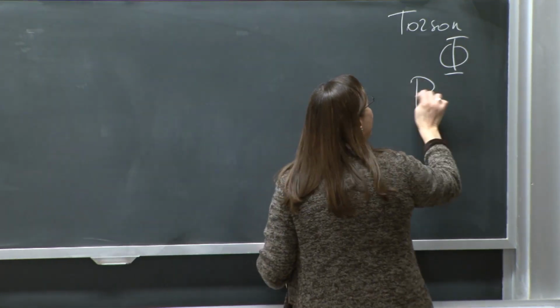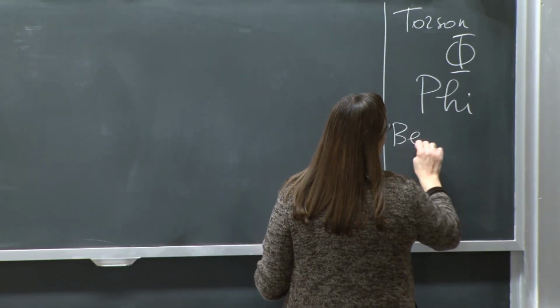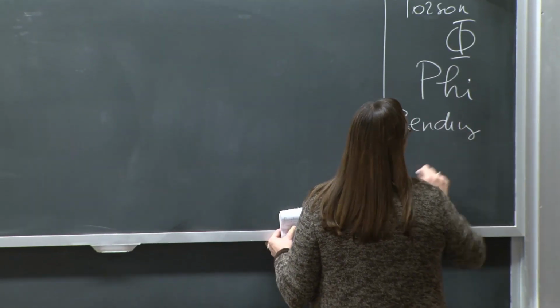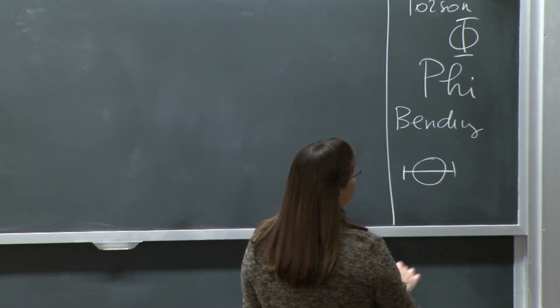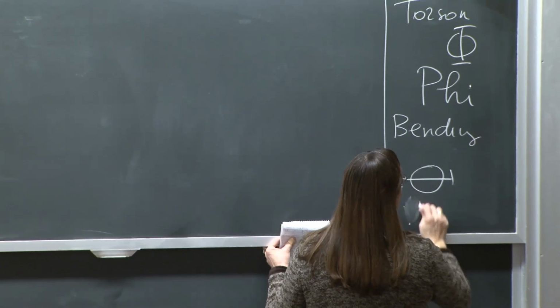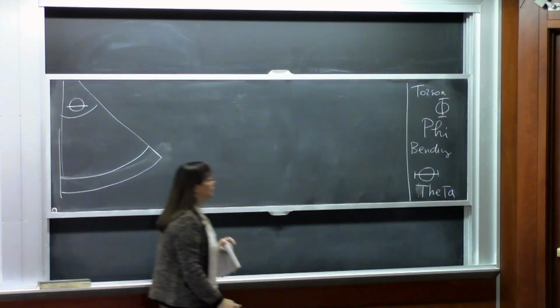In bending, we have this guy here, horizontal. If you want, you can even put the bars like that. And this is the capital theta.